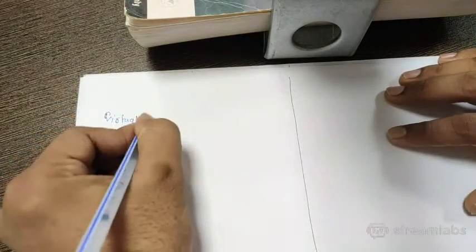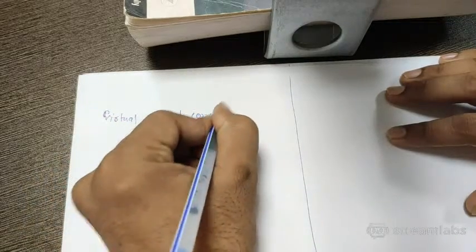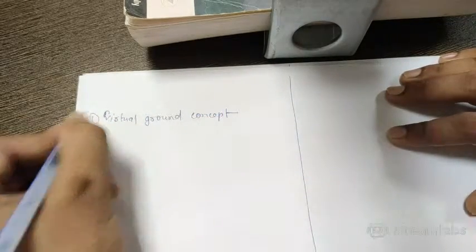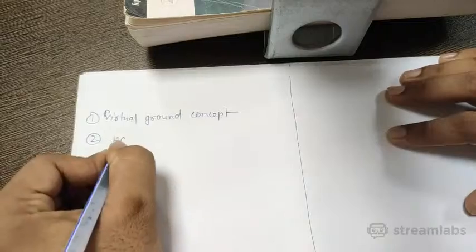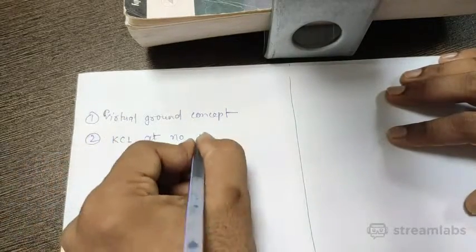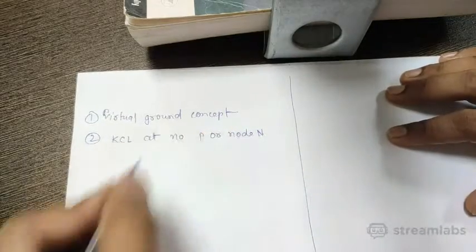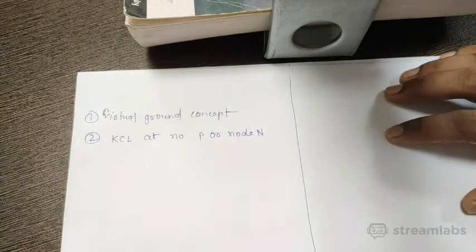First is the virtual ground concept, and then KCL at node P or node N. If the circuit is complicated, then KCL can be applied on other nodes also.